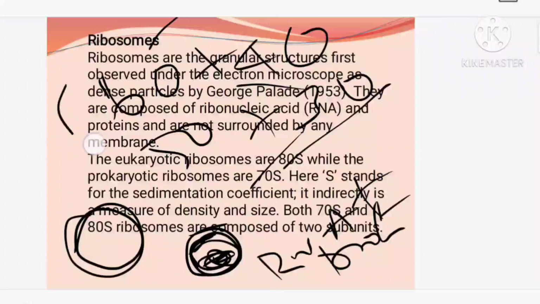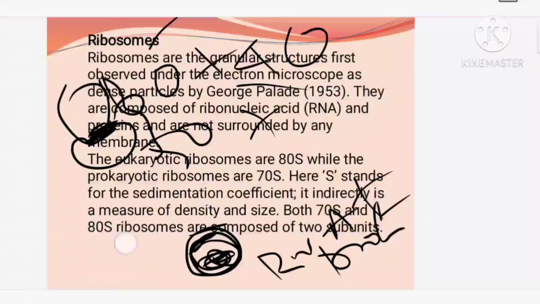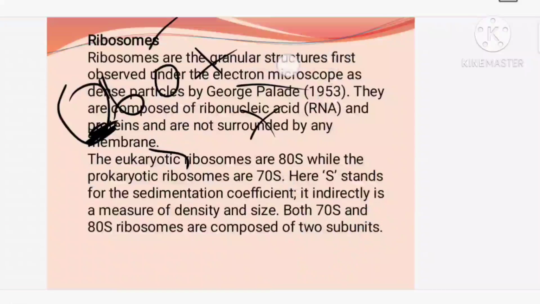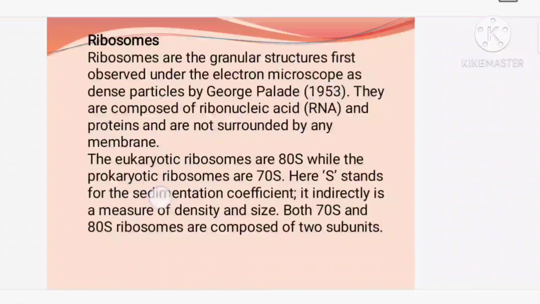I told you a part of it is immersed. So, this becomes common for both, because of which you can find 50 plus 30 instead of 80, it becomes 70, right. So, the S stands for sedimentation coefficient. I told you, in the centrifugation process, it is the Svedberg unit, okay. So, the sedimentation coefficient indirectly is a measure of what?